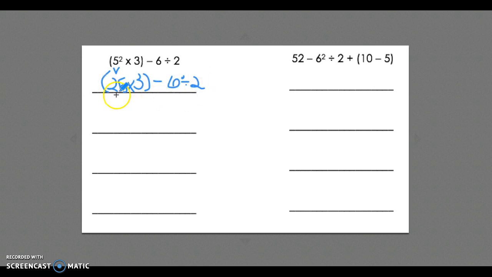My next step is to multiply inside the parentheses. 25 times 3 equals 75. Minus 6 divided by 2.